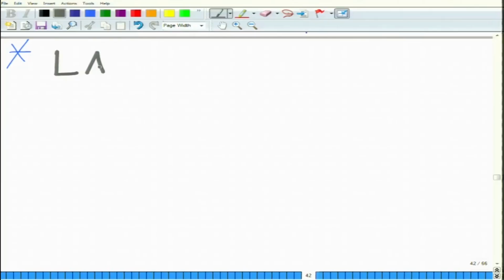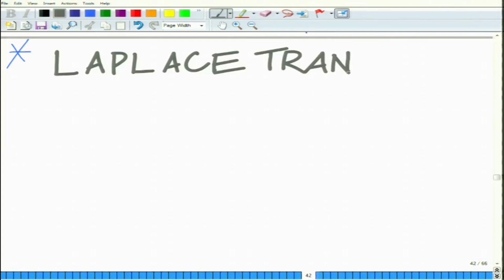So, in this module we are going to start on a new concept, a very important concept in fact in the analysis of signals and systems known as the Laplace transform.